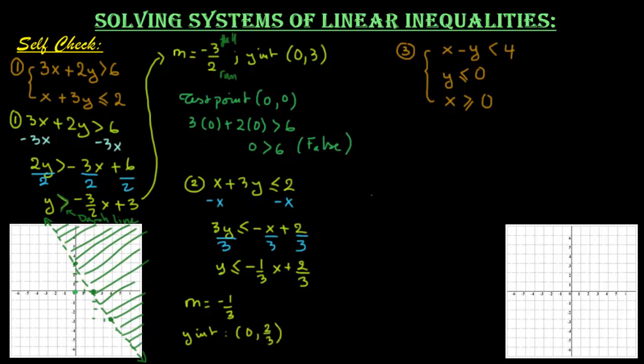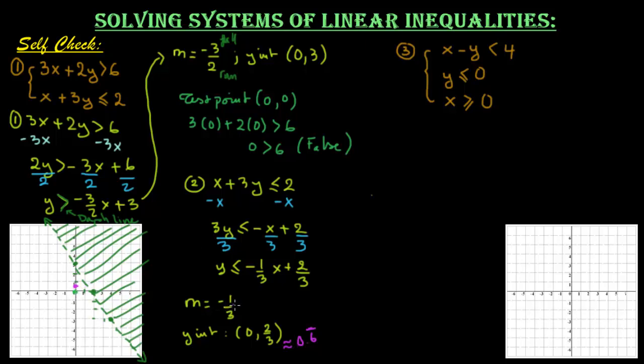Let's start at the y-intercept point (0, 2/3). The approximate value of 2/3 is 0.6666 and it stays forever. So let's start at 0.6, which is somewhere in the middle between 0 and 1. That will be my y-intercept.